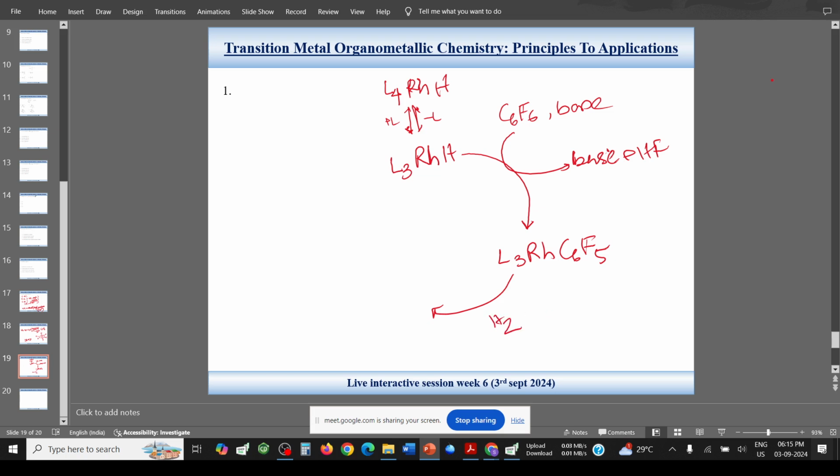Now we can see that the oxidation state of rhodium here is only 1 plus, because of this C6F5 moiety which is negatively charged. So now after the addition of H2, this step is called oxidative addition.